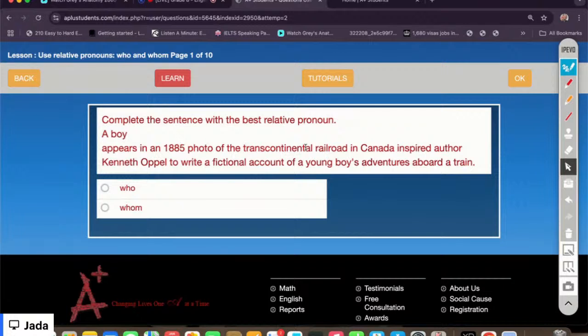What is the right one? Who or whom? What do you think? You can share your answers. So, who? All right.